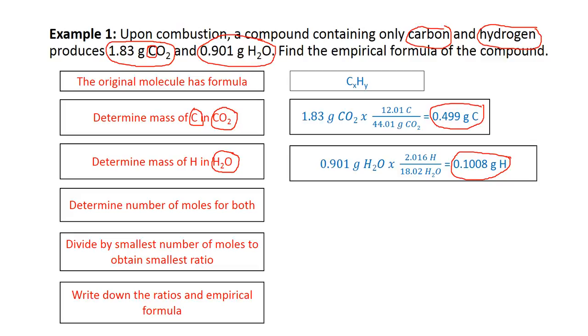So based on this, we can say that the original compound had 0.499 grams of carbon and 0.1008 grams of hydrogen. That's what we have.